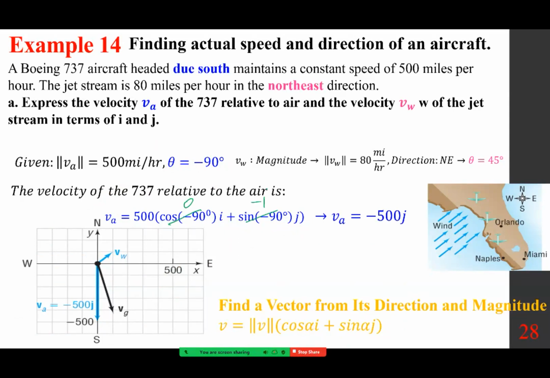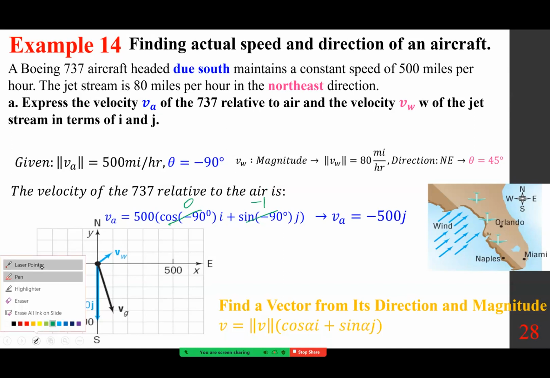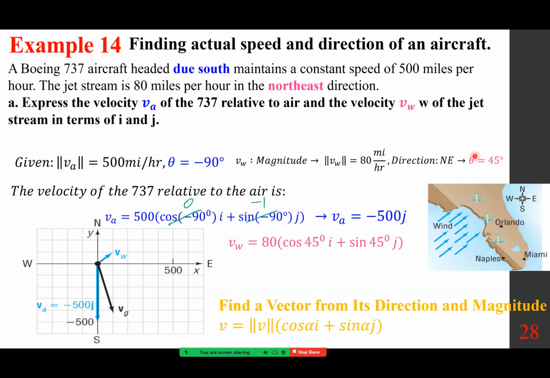Same thing with the wind. We're going to write this as 80 times cosine of 45 degrees I plus sine of 45 degrees J. And each one, cosine and sine of 45, is the same: square root of 2 over 2.